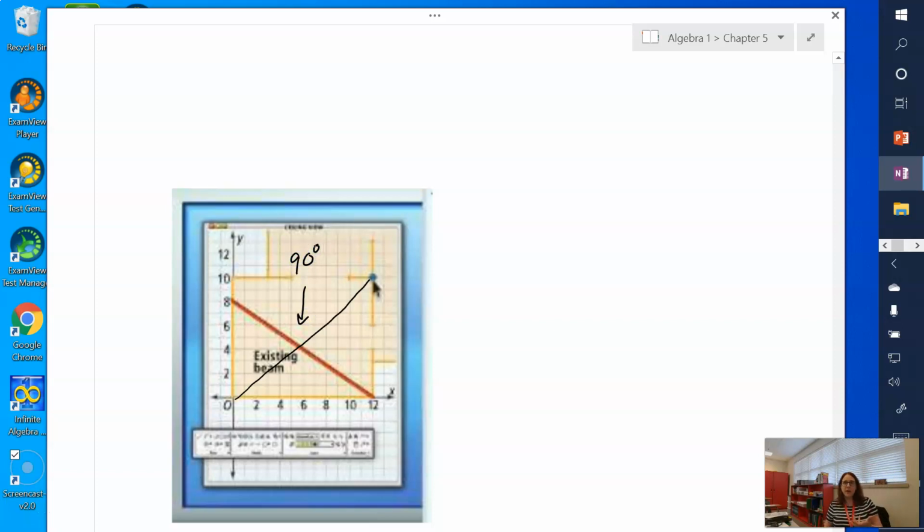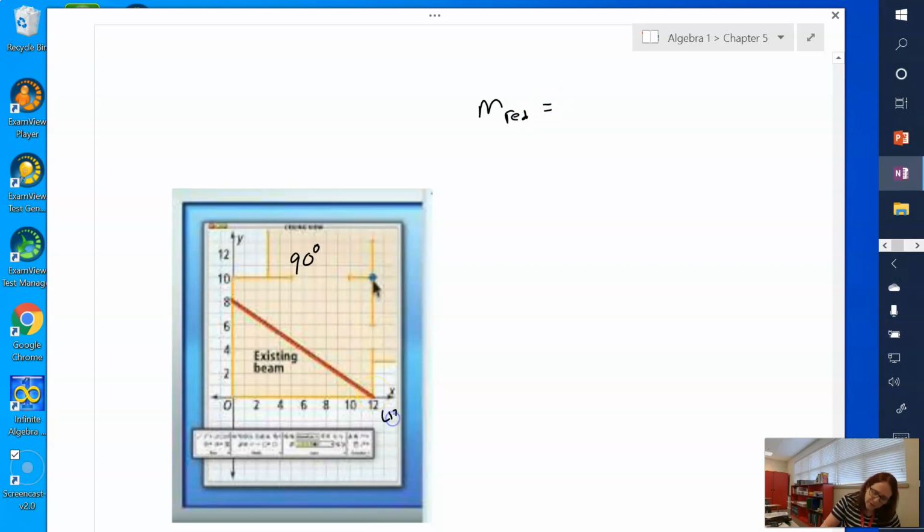And the way I'm going to do that is I'm going to find the slope of my original. I'm going to find that blue dot, find that point, and then I'm just going to write the equation like we did in our previous examples. So first of all, slope of my existing, so slope of the red line. I'm going to start at 12.